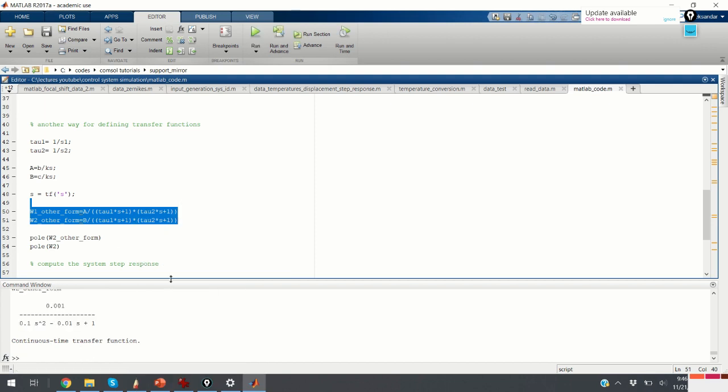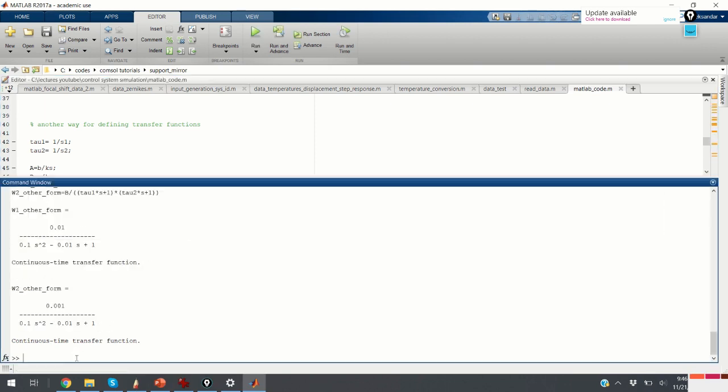Okay, let us compare. So this is our W1 original, and we have W1 other form. Do they look equivalent? Are they the same? Well, from these two expressions, they don't look like they are the same.